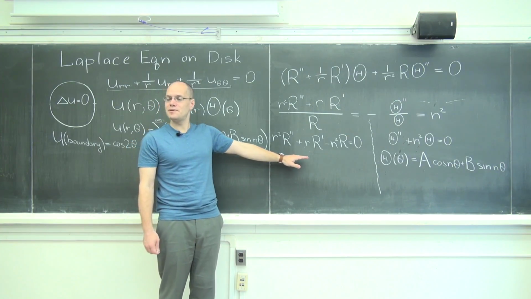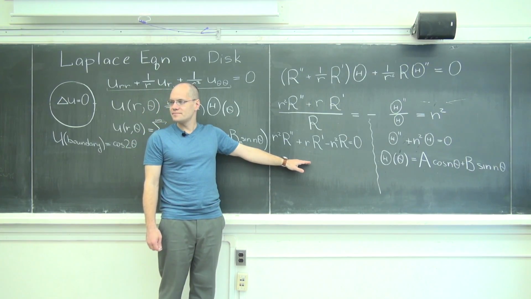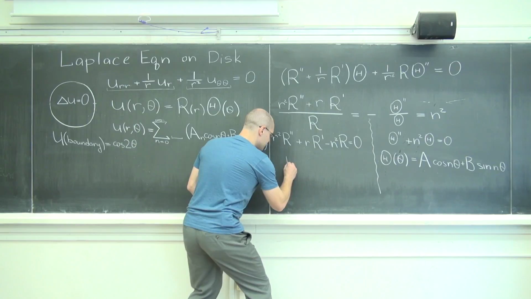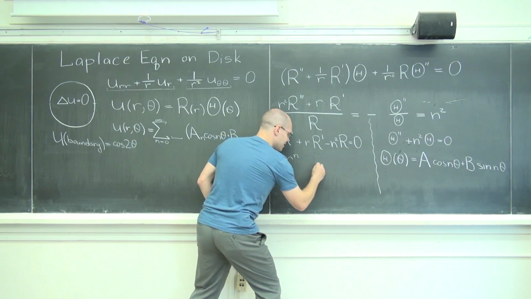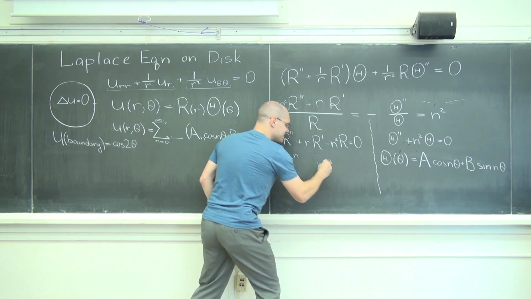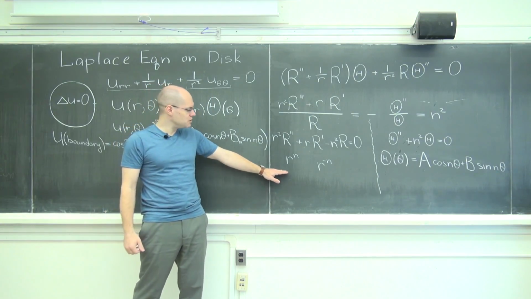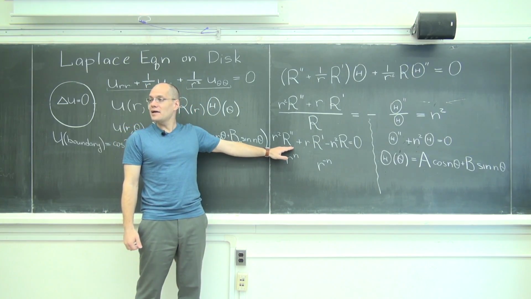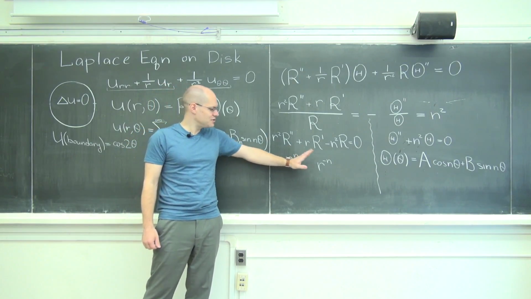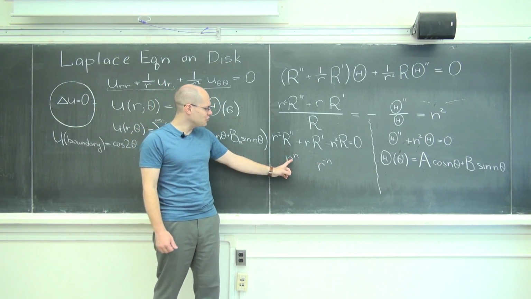And here it happens to be somewhat simple. In fact, I'll tell you what it is. It will be r to the n and r to the minus n. Why don't you take a moment, plug it in, and make sure that it works. Let's do it together. Let's take r to the n, and then we'll save the other one for doing at home.